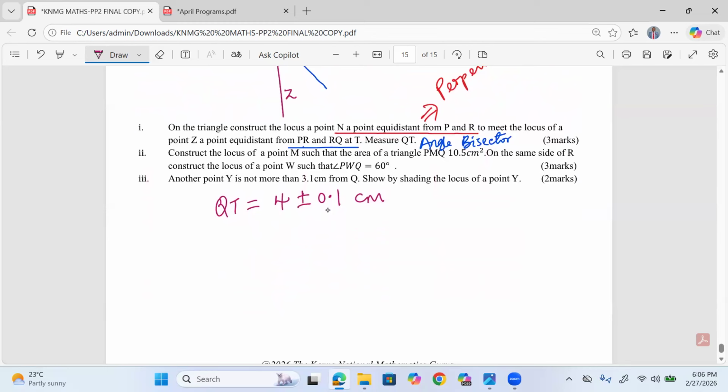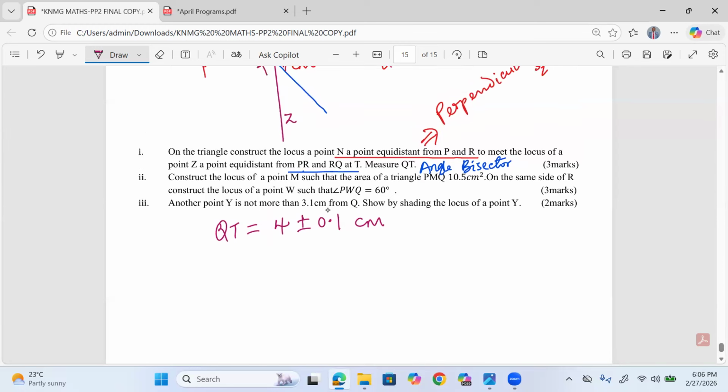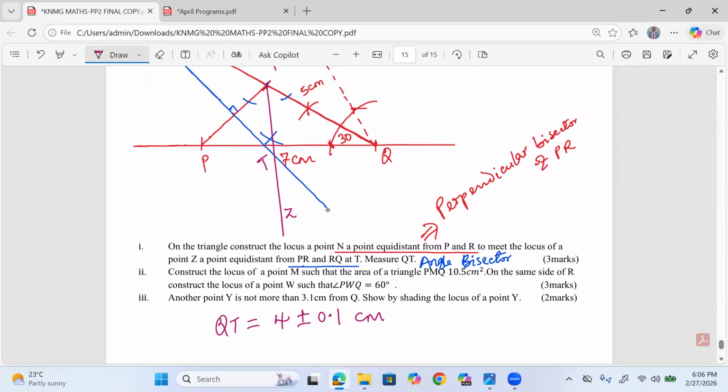Can we check the other instruction now? Construct the locus of a point M such that the area of triangle PMQ equals 10.5. On the same side of R, we also construct the locus of point W. So now we have again two instructions, two different loci.